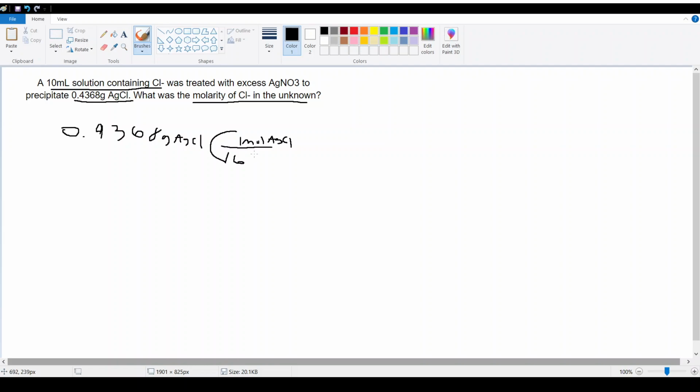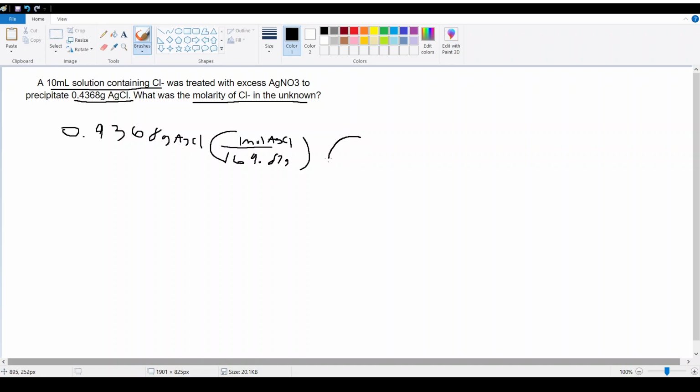You can look this up or consult with your periodic table and add it up yourself. Now, the reason grams go on the bottom is because grams are right here, and eventually, by the time we're done with all the math, they're going to cancel out and leave us with moles.